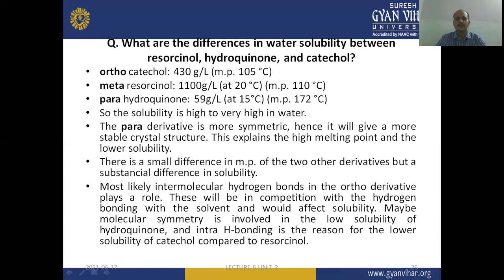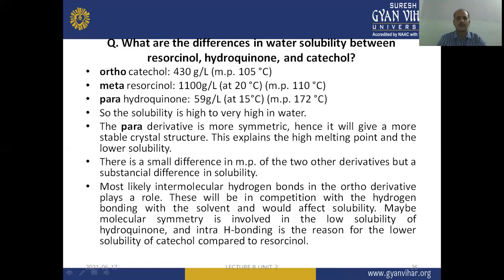These will be in competition with the hydrogen bonding with the solvent and then also affect the solubility. And maybe molecular symmetry is involved in the low solubility of hydroquinone, and intramolecular hydrogen bonding is the reason for the lower solubility of catechol compared to resorcinol.